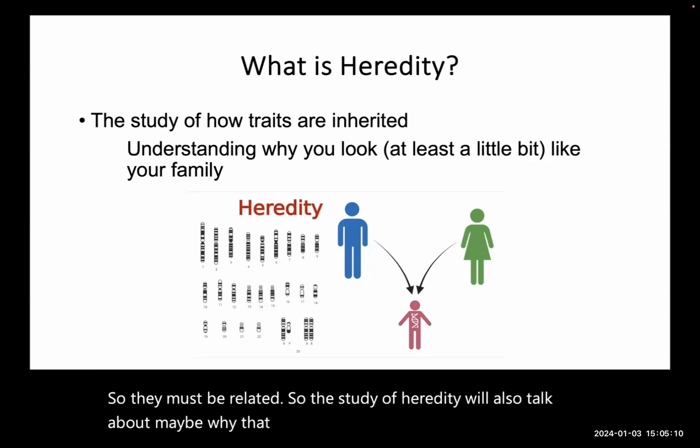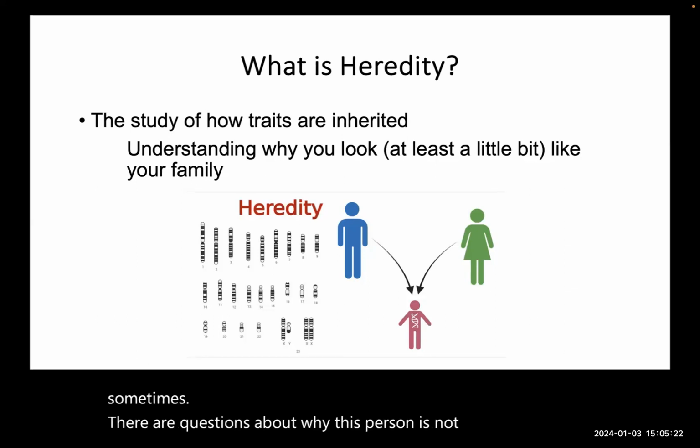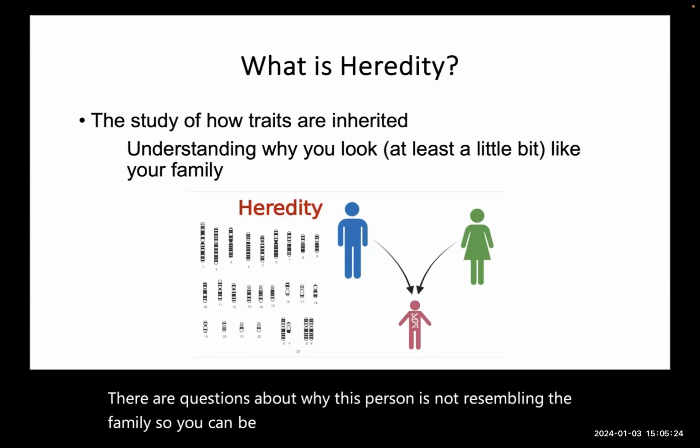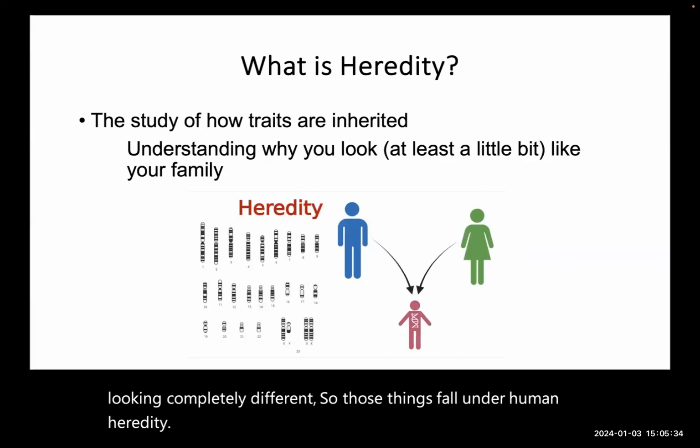It's not just that you resemble your family. Sometimes there are questions about why this person is not resembling the family. So you can be looking really like your family, or you can be looking completely different. So those things fall under human heredity. So that's basically what we're talking about here.